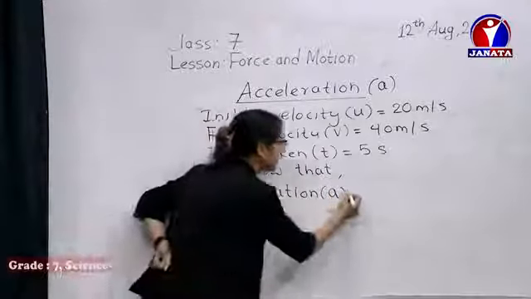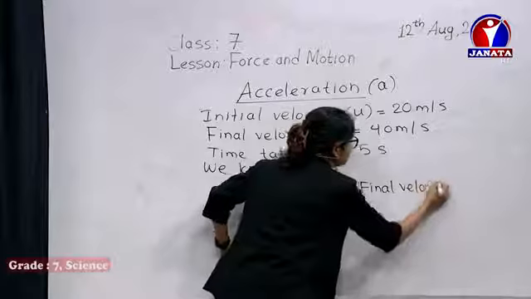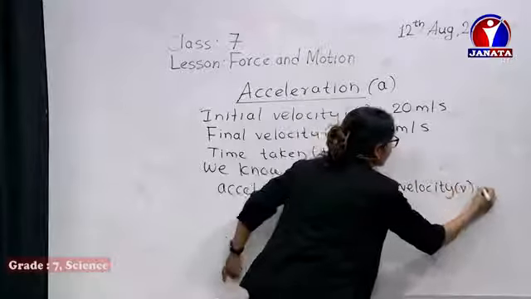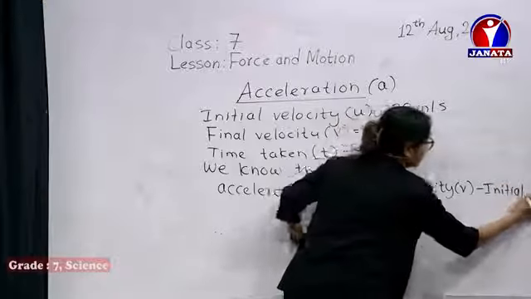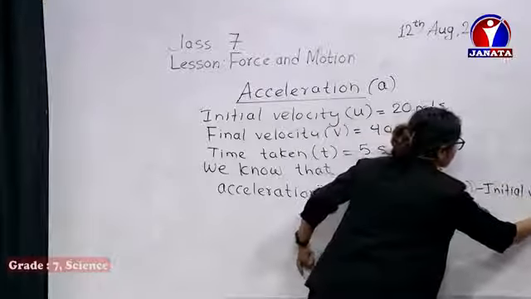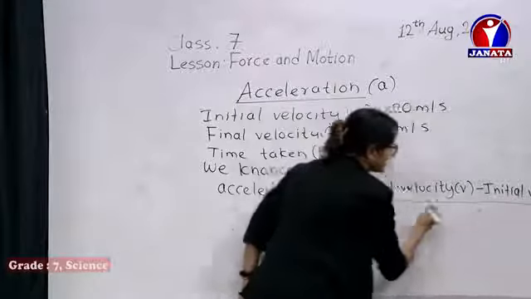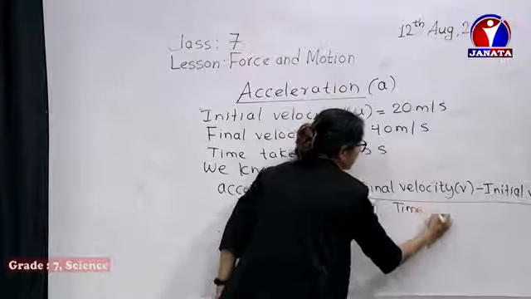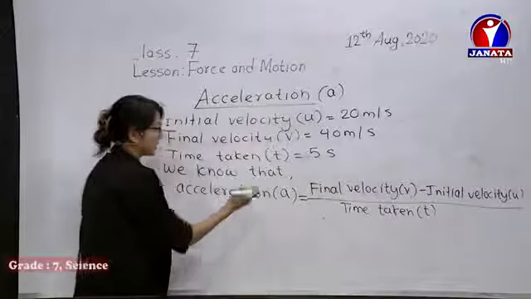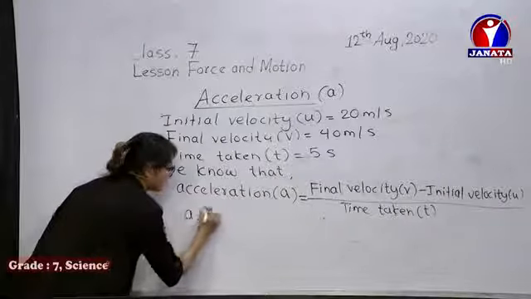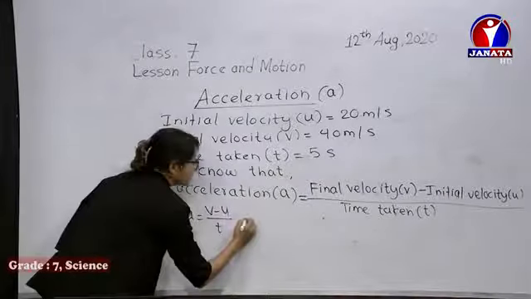So acceleration A is equal to final velocity V minus initial velocity U over time taken T. Or in short, you can simply write A is equal to V minus U by T. Now, what is the value of V?